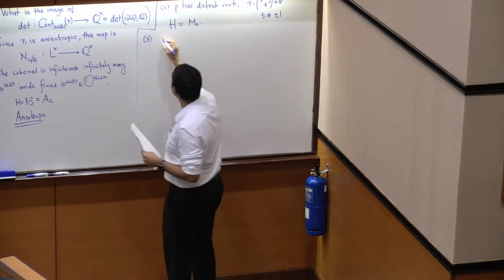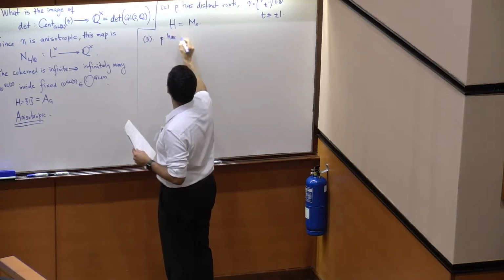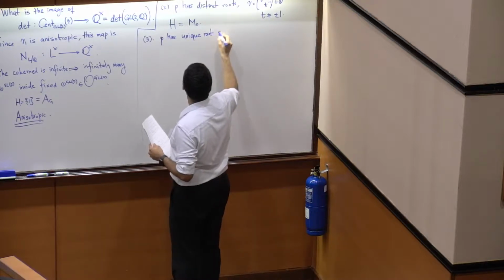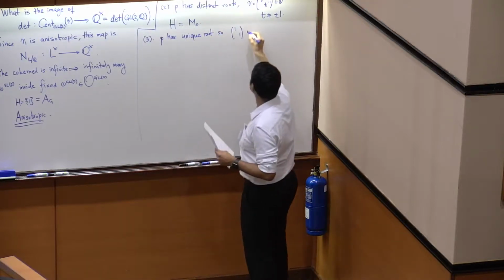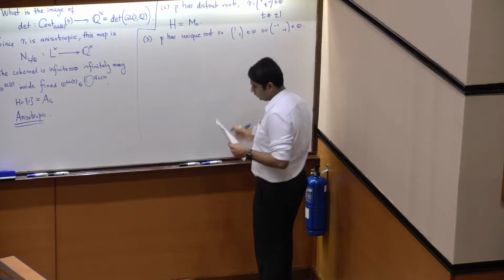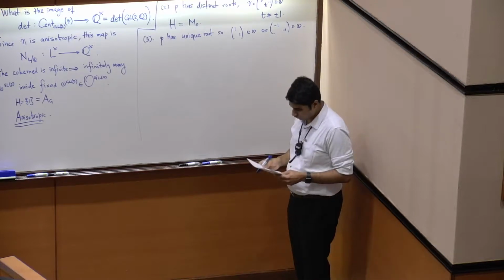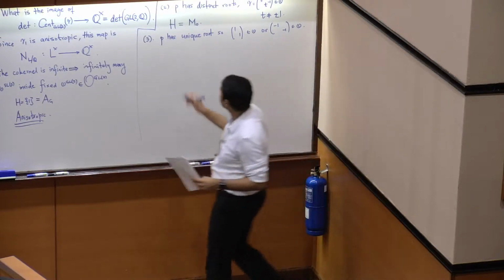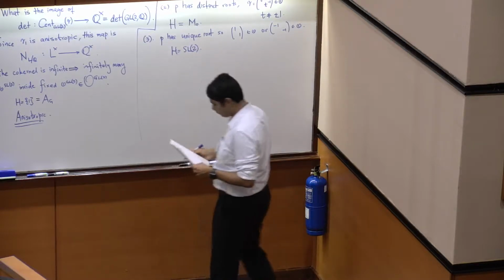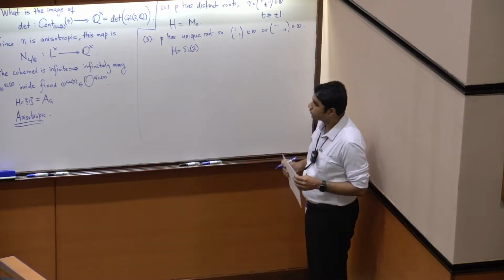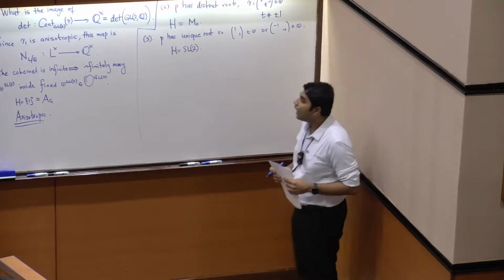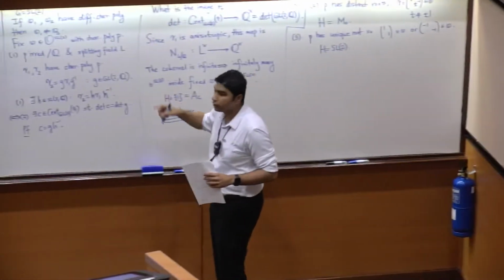And the other final case is P has a unique root. So either (1, 1) belongs to O or (-1, -1) belongs to O. They're clearly not conjugate. And in this case, H here is the full group SL2. No. Actually, it is a compact group.